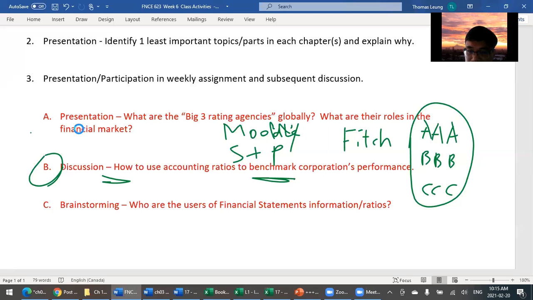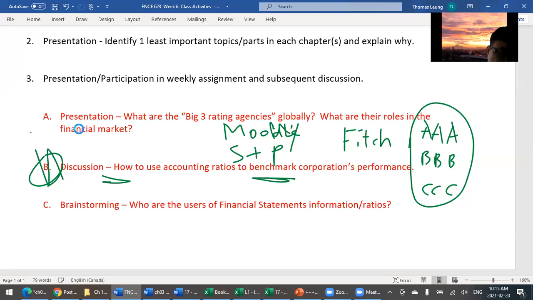By doing that, you can compare other companies by using their profitability ratio. So you get to know their net profit margin, return on asset, return on equity, and all that to calculate their profitability ratio. Yes, good.